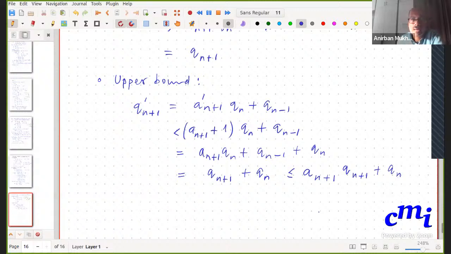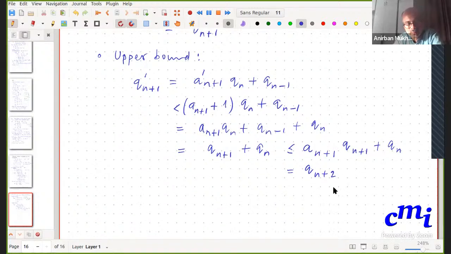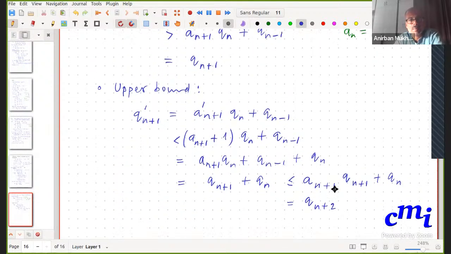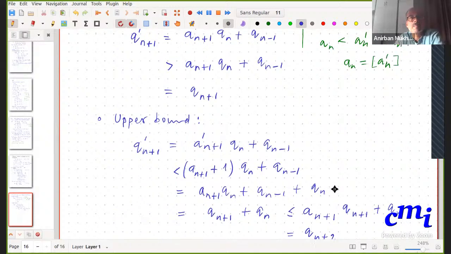This is nothing but qn plus 2, the denominator of the next convergent. So that's a lower bound and that's an upper bound.